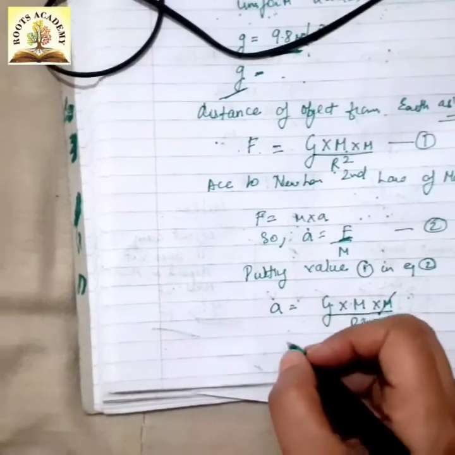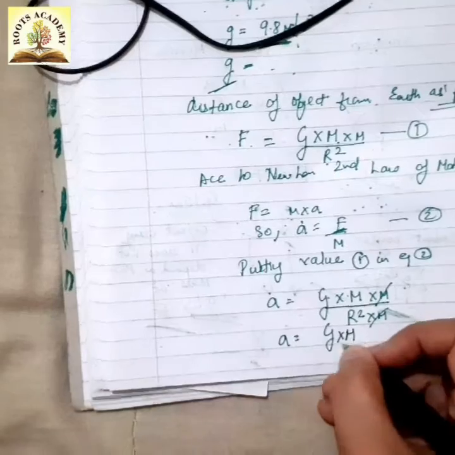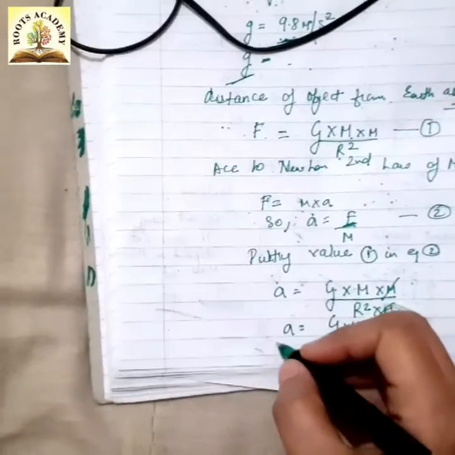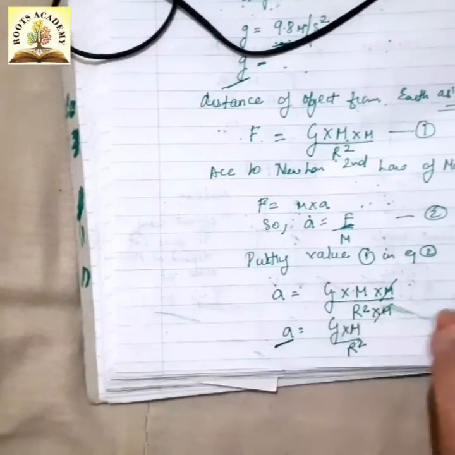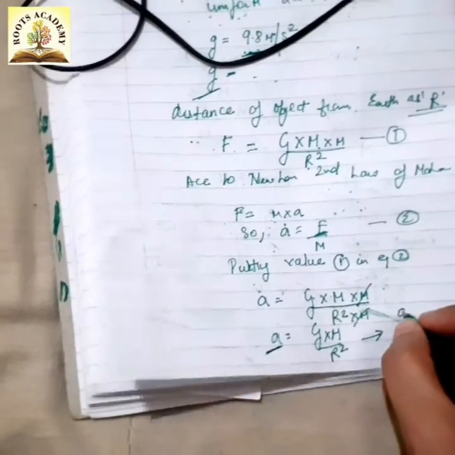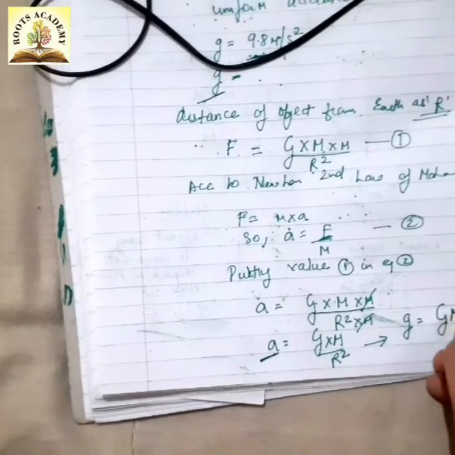We get a equals G M over R squared. In the place of acceleration a, as it is acceleration due to gravity, we can write small g.